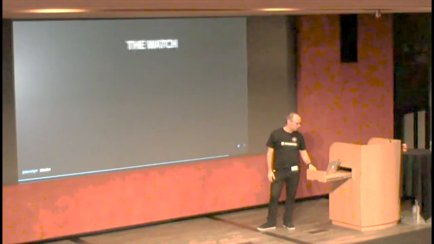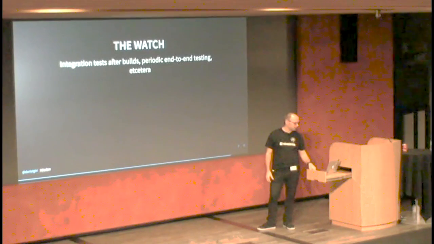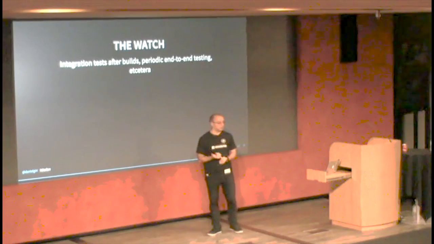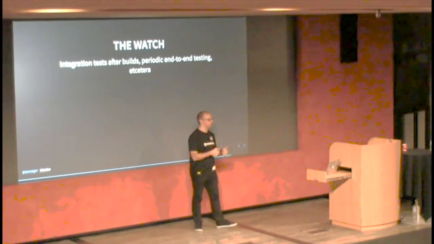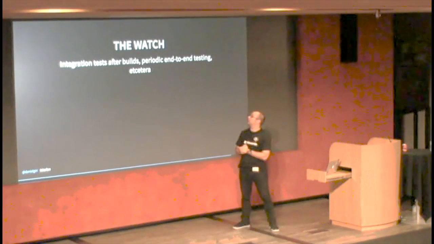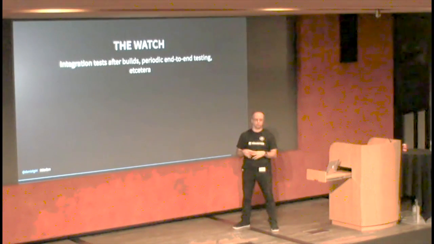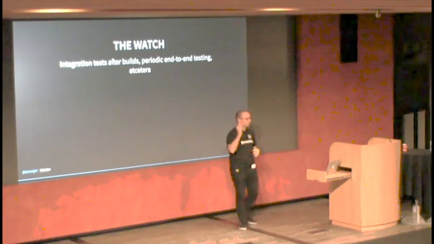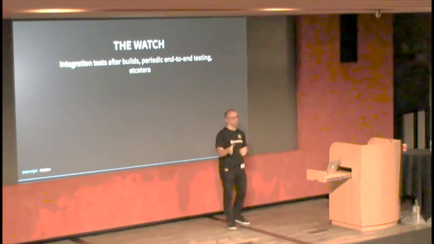What we did in this case is, usually you do, for instance, integration tests after builds. This we do fine. It prevents you from regression problems, etc. And we also still do periodic end-to-end testing. From time to time, every minute or so, you launch some end-to-end tests.